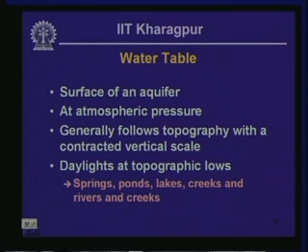Because of that, it is going to get exposed to the ground surface at isolated locations. So these locations typically lead to the formation of springs, ponds, lakes, creeks and rivers.